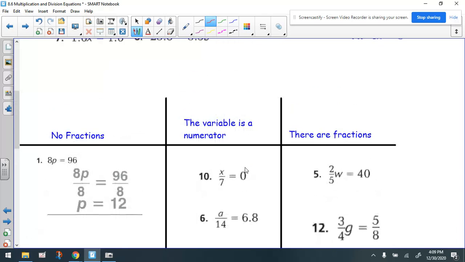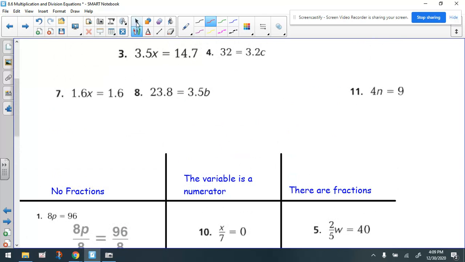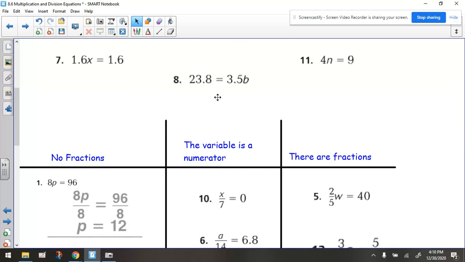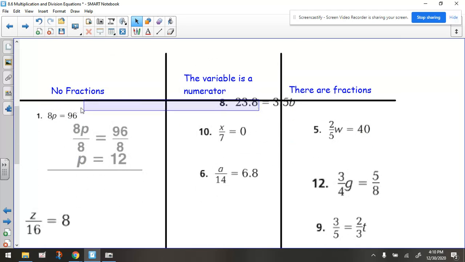All right, so let's take a look at some of the ones that we left behind. So the ones that we left behind are all ones where there are no fractions. So everything is either whole numbers or decimals. So let's take a look at number 8, because that one can be a little bit intimidating. Let's move this one down here. Somehow it got locked.